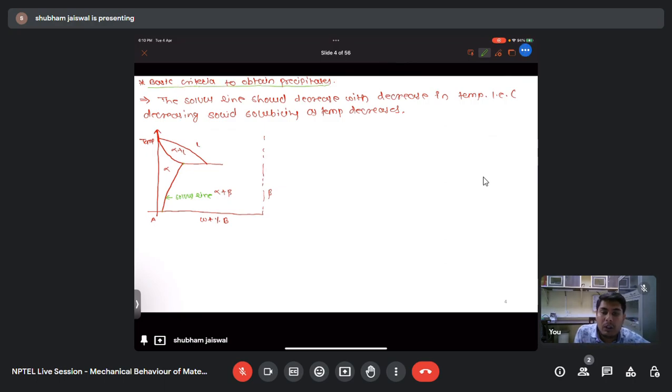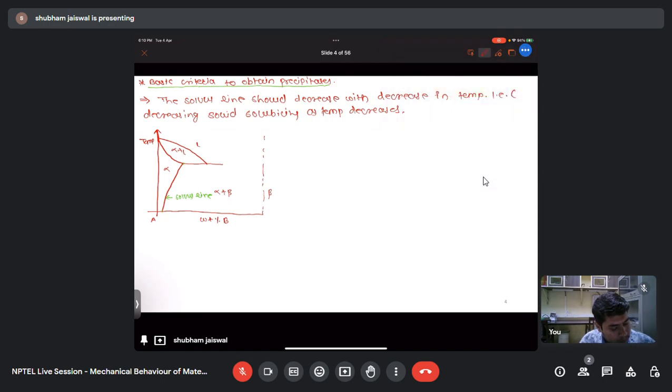There are some steps involved to get the precipitate. So what are these steps? There are three steps: one is the solution treatment, the second one is quenching, and the third one is aging.